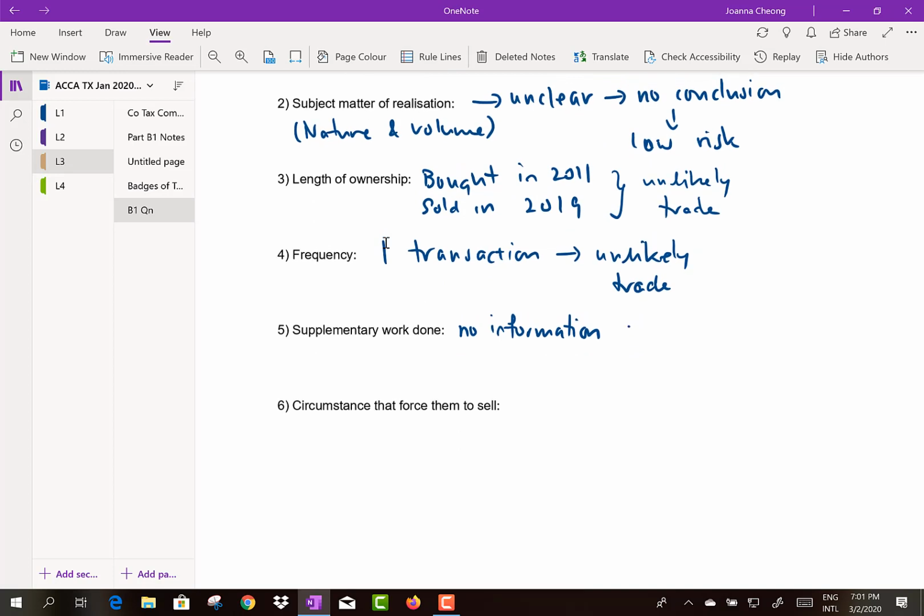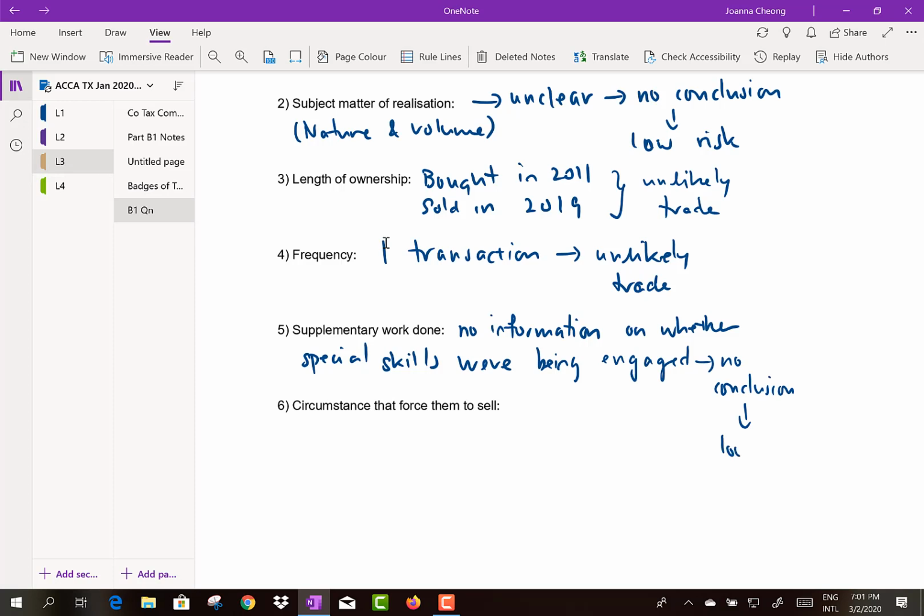No information on whether special skills were being engaged. So because of that, you say that there is no conclusion, so low risk.